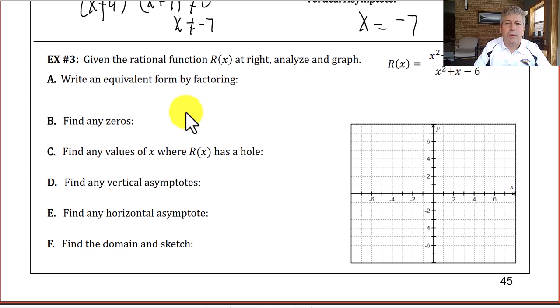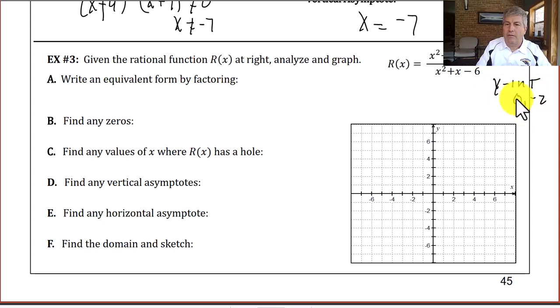In example 3, we're given a rational function at the right, and we're going to be asked to graph this. And they're going to run us through the process here of what we need to do. Now, some of the stuff we can just look at right away, and we're going to know some things. Hopefully, we can eyeball this, and I see we have a y-intercept at negative 2.